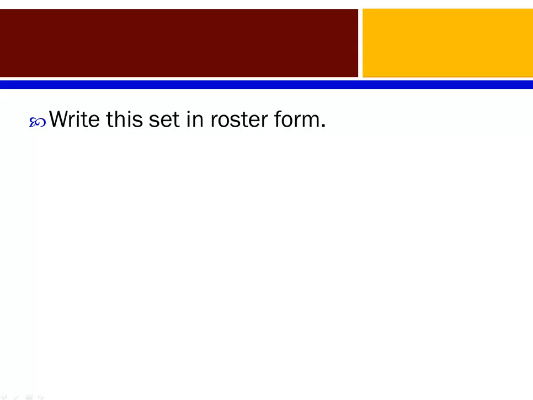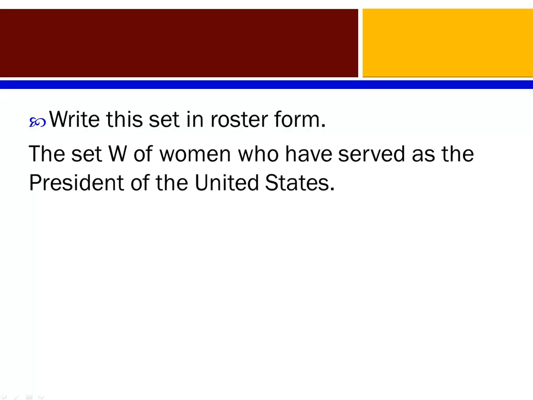Now let's take a look at another example. Write this set in roster form. The set W of women who have served as the President of the United States. Since there are no women who have served as the President of the United States, the set W is what we call an empty set.